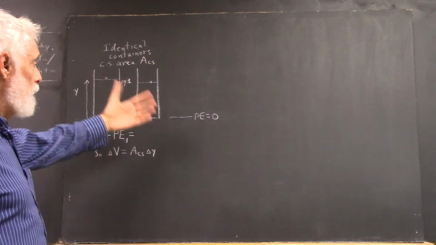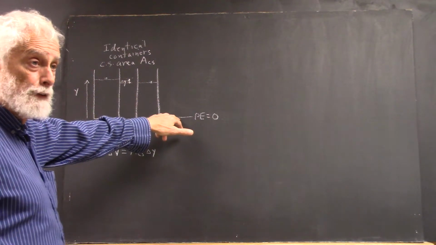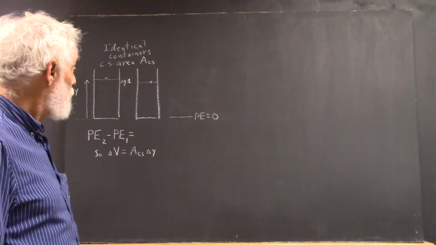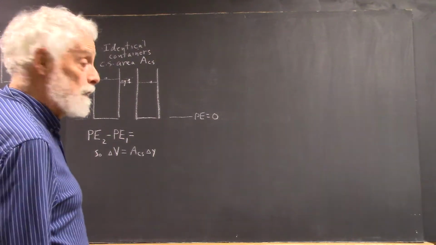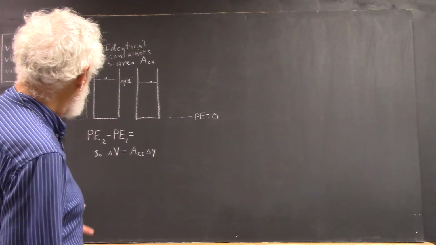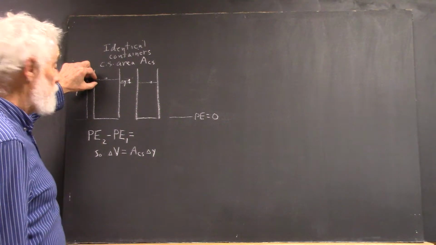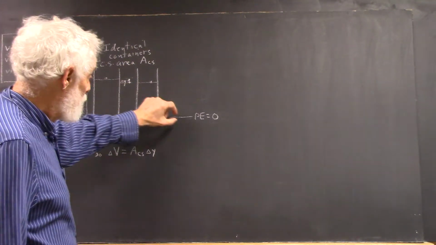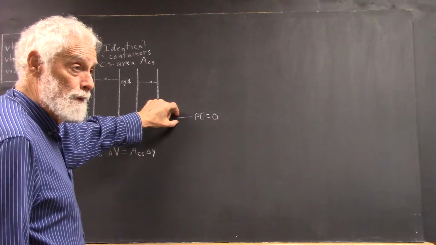Something is changing the potential energy relative to this, and that would be gravity. And it turns out that that's going to be equal to the work done by gravity if I take the chunk of water here that isn't here and lower it to here. Okay?